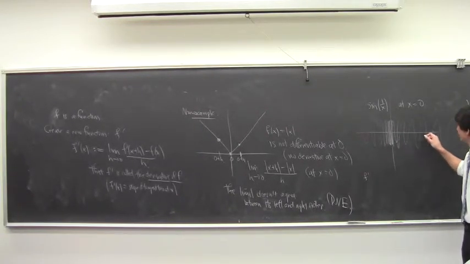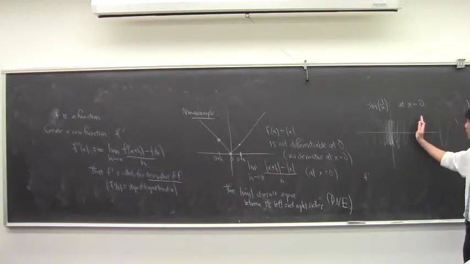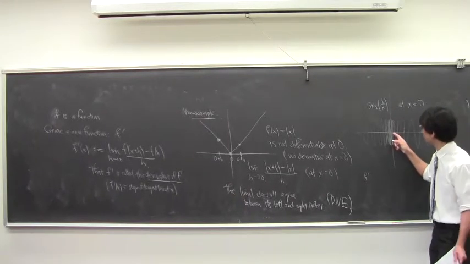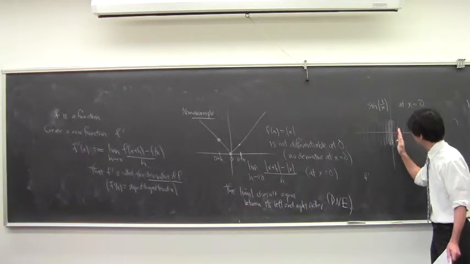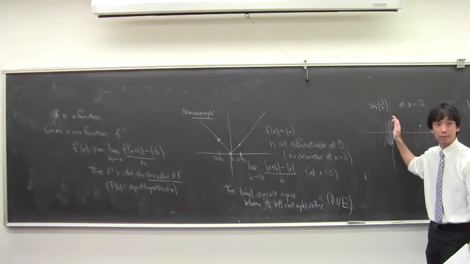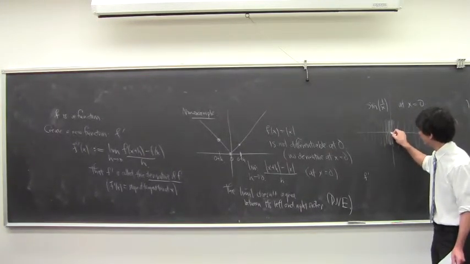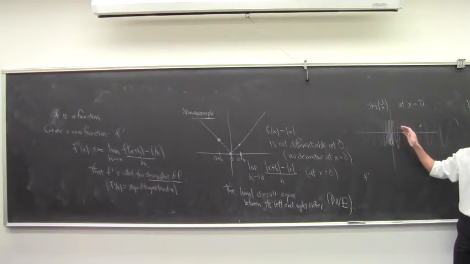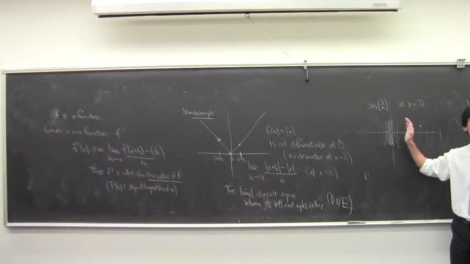If I take some point out here, I can find tangent lines. Even in here, if I zoom in far enough, I can find some tangent line. But at 0 itself, I'm in trouble, because the thing is going crazy.